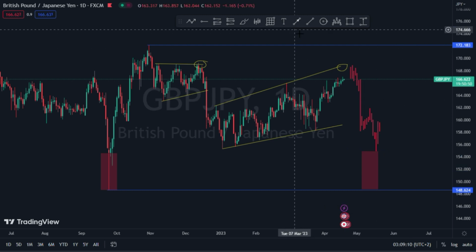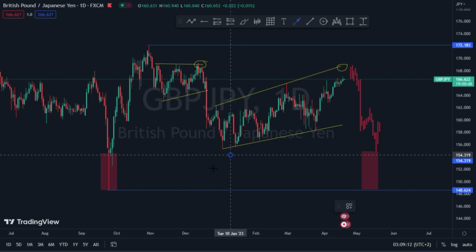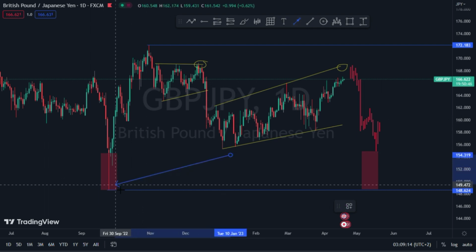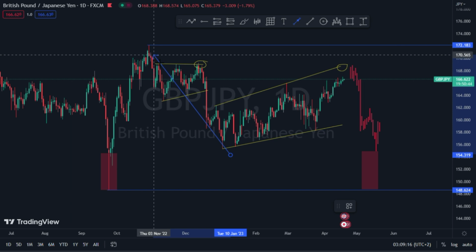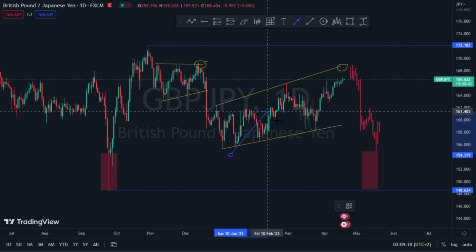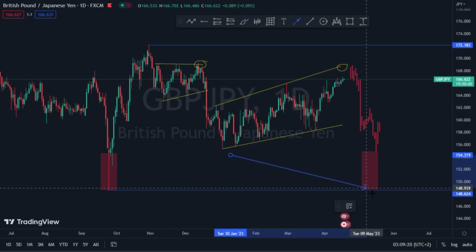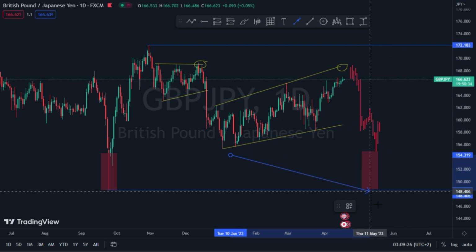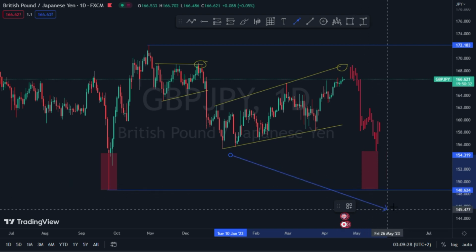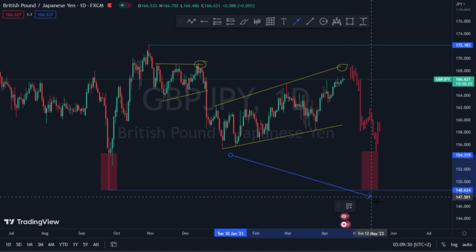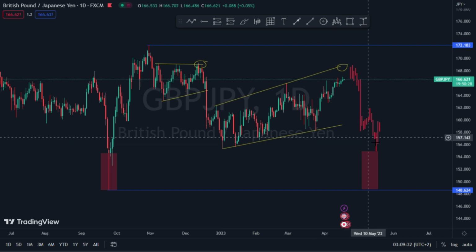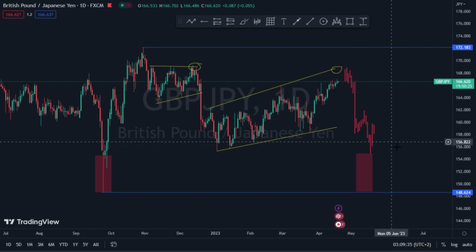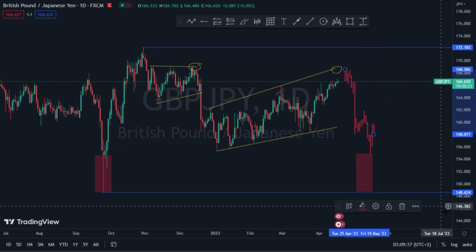Why? Because the market had moved from support to resistance, and from resistance we are coming back to support, right? And from support we might just move back to resistance if the market does not break below these areas, right? So that is what I am looking for in the market.